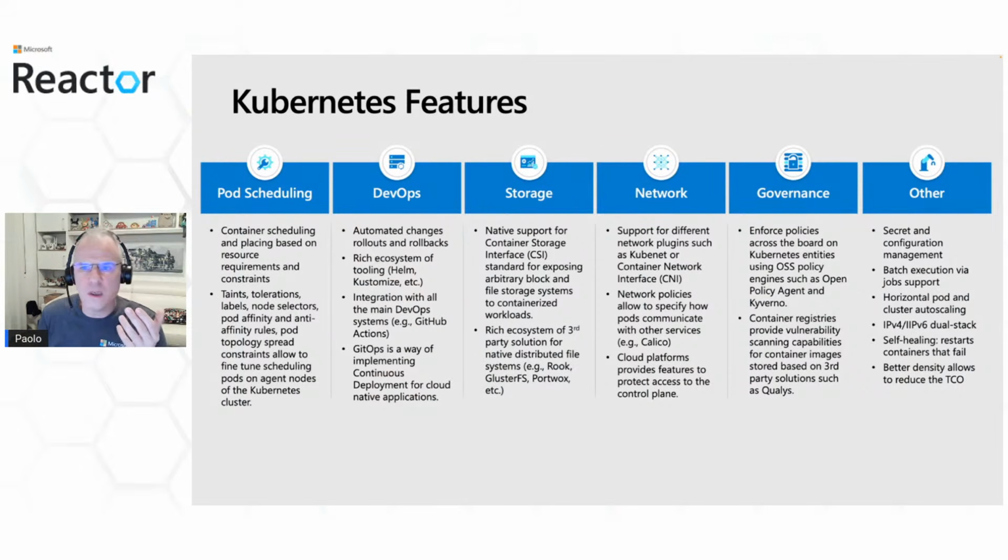For example, on the Azure platform, you can use Azure Managed Disk and Azure Files, but you can integrate many third-party distributed storage file systems. So, as I said, you can leverage a very rich ecosystem. For example, you can use Rook, GlusterFS, Portworx, and so forth.